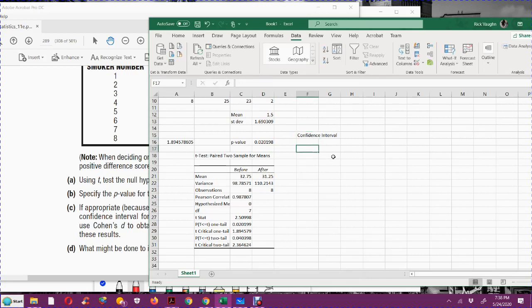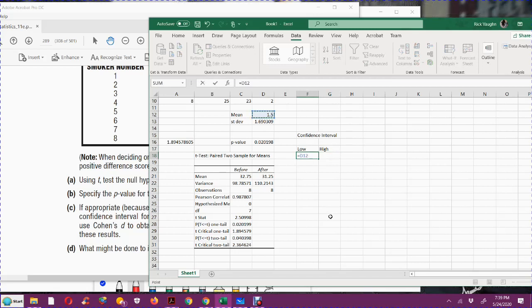So what I'm going to do for the low side and then the high side of that confidence interval is I'm going to take the observed difference. That was this one. 1.5 was our observed difference. And we're going to subtract the t critical value, which we got from right here, one tail, times the standard error.